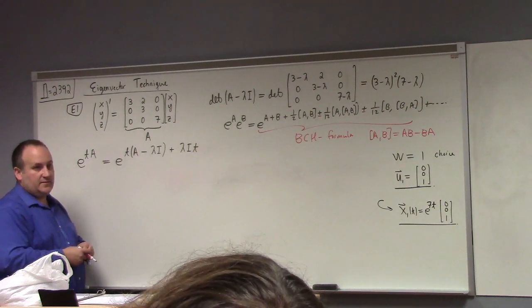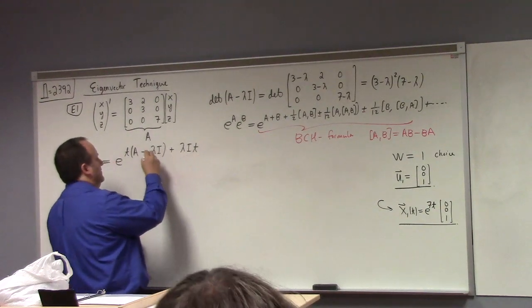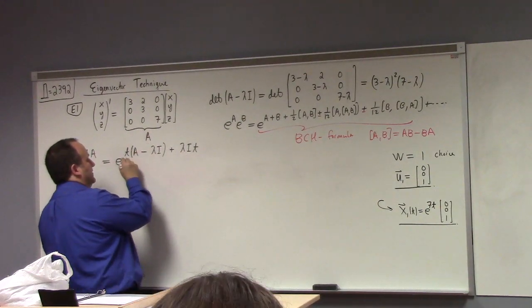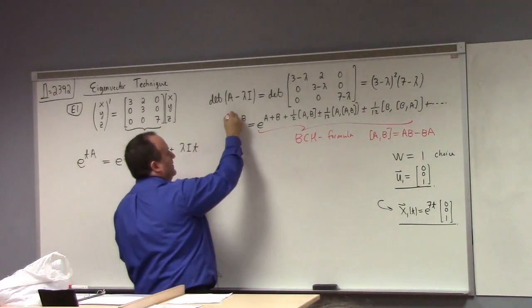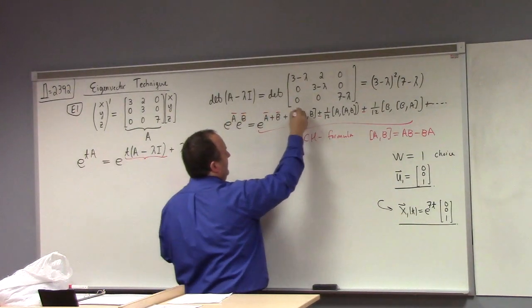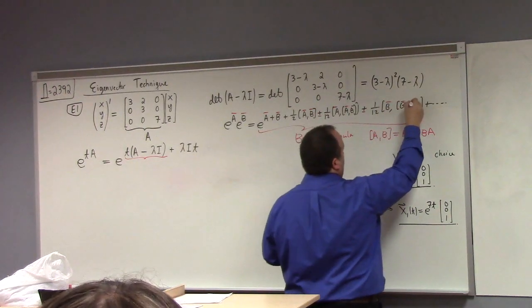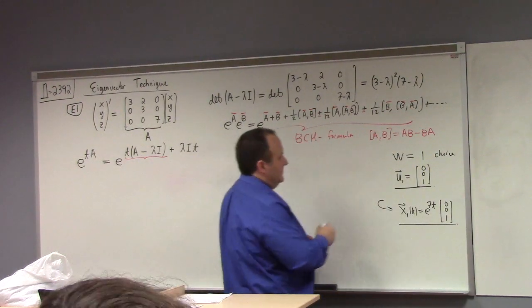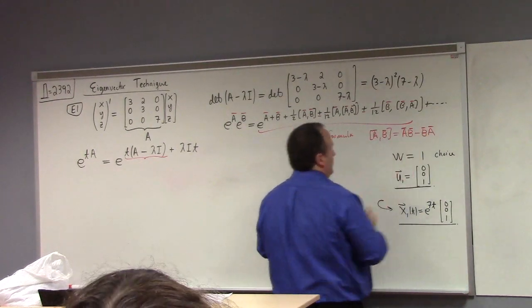Fortunately for us, we are in the commuting case, because if you think of all of this right here, I should have used something other than A and B. Let me put a bar here. A bar, B bar.